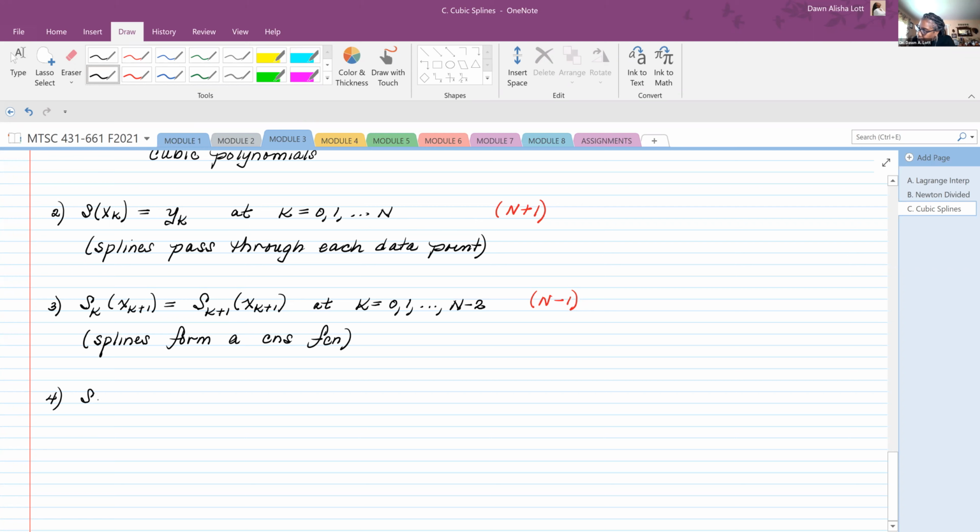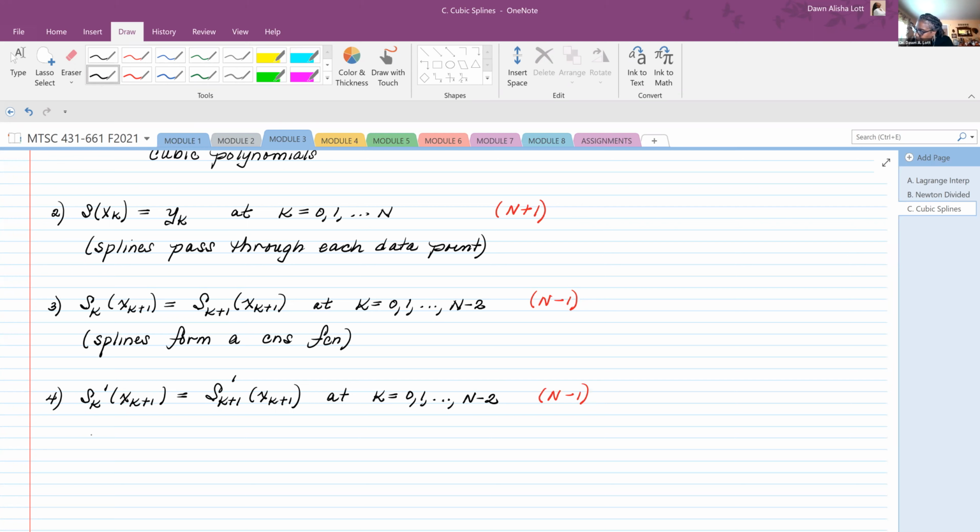So that means sk prime at xk plus 1 has to equal sk plus 1 prime at xk plus 1. That's true at k equal to 0, 1, all the way up to n minus 2. So there are n minus 1 of those conditions.